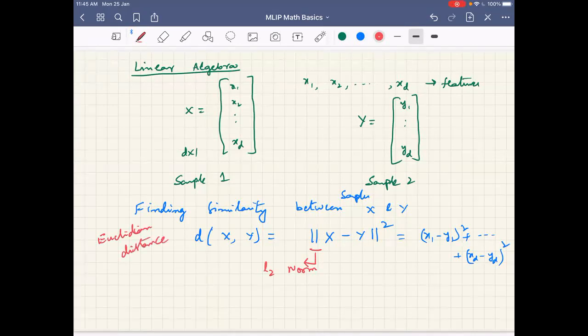Fine. Are there any other ways of finding distance? Dot product. Okay, dot product we will move on to, but that's not a distance, right? Is there any other way of finding distance? This is referred to as the L1 norm: x1 minus y1.